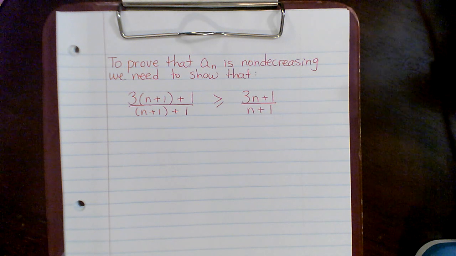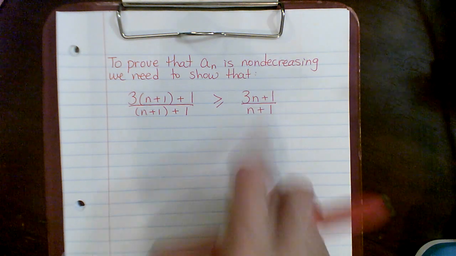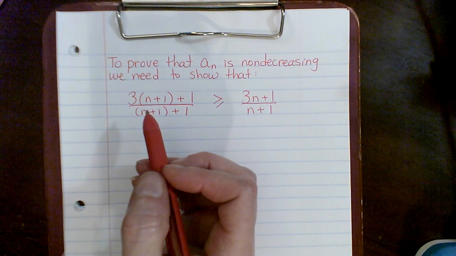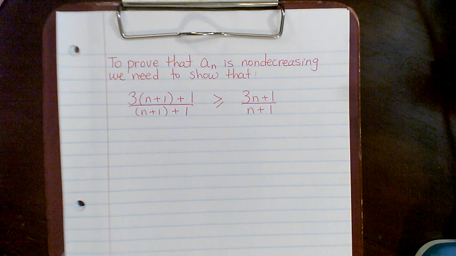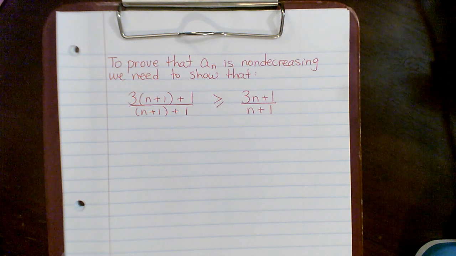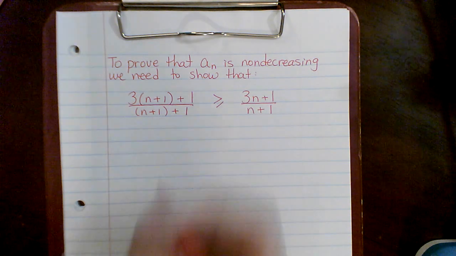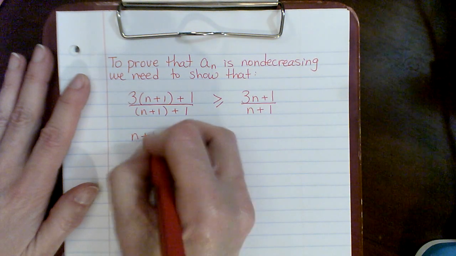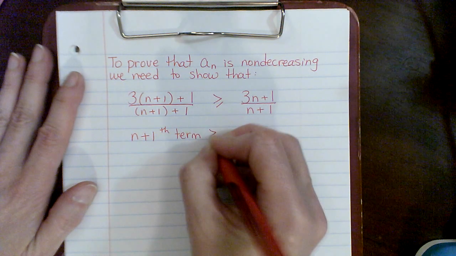So in my n plus 1th term, I replaced these n's with n plus 1's. So is this inequality true for all values of n? All right, so what I'm showing here, again, I know I just said this, but this is the n plus 1th term. It's bigger than the nth term.